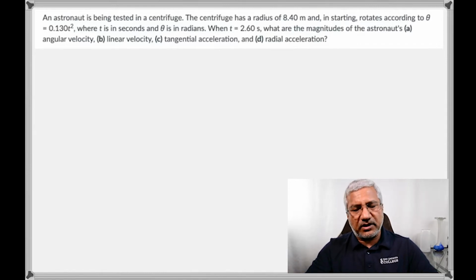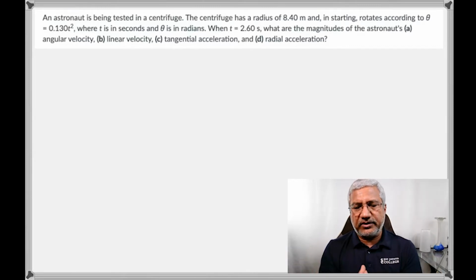T is in seconds, theta is in radians, which are the correct units. And when t is equal to 2.60 seconds, we have to find the magnitude of the angular velocity, linear velocity, tangential acceleration, and radial acceleration of the astronaut.